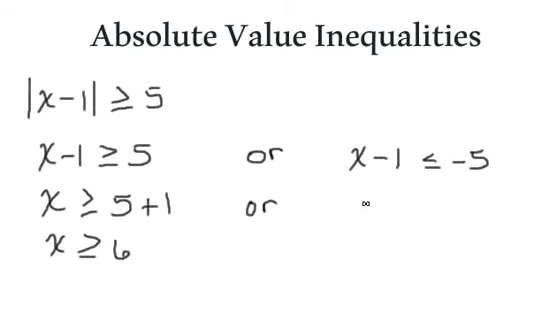I'll just follow the or down. Do the same thing here. Less than or equal to negative 5. Take this minus 1 over to the right so it becomes a positive 1. And we have x is less than or equal to 6.